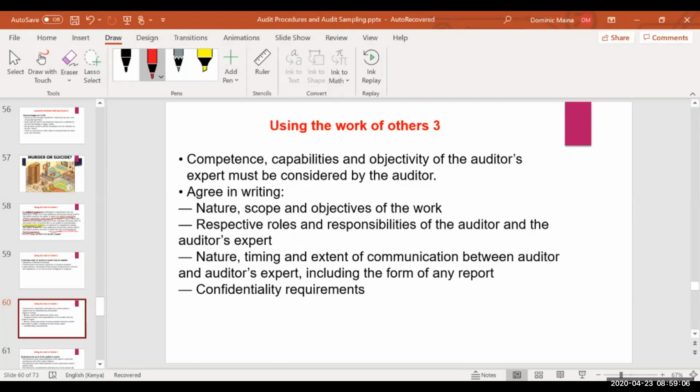It will also extend to any person you hire along the way. If you are the one hiring this particular expert, they cannot go out there disclosing your client's confidential information. So an element of confidentiality needs to be extended even to these experts. The principle of confidentiality also needs to apply here.